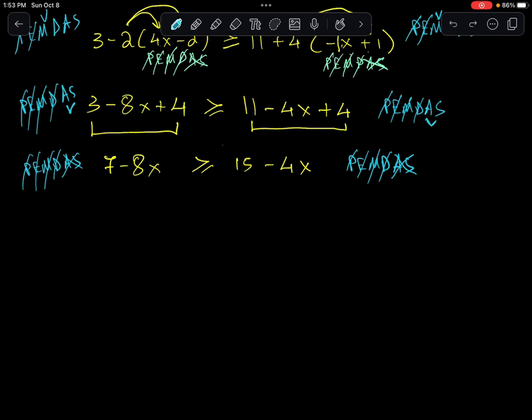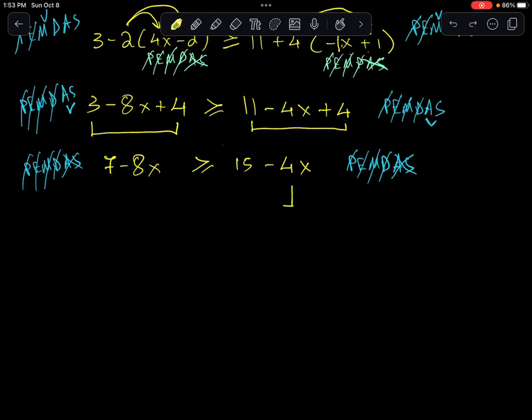So crossing the bridge, left to right or right to left, depends on what I choose. There is no one correct choice and the other is wrong. They're both correct. So here I will choose that the x terms are going to settle on the left.